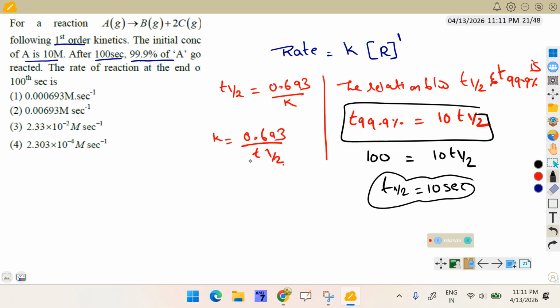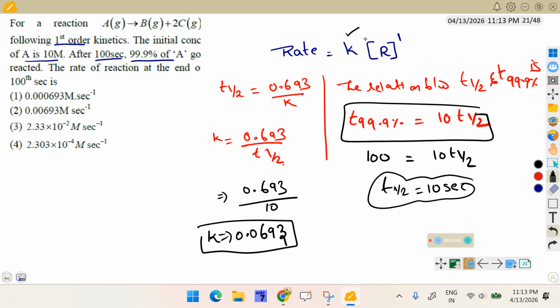Now substitute the t half value here: 0.693 by 10, then 0.0693. Now K is equal to 0.0693. Now you know the value of K.